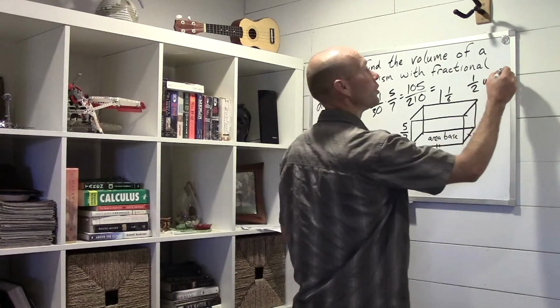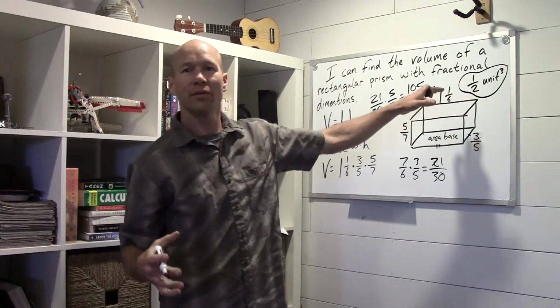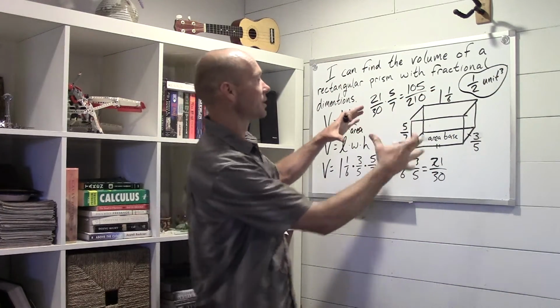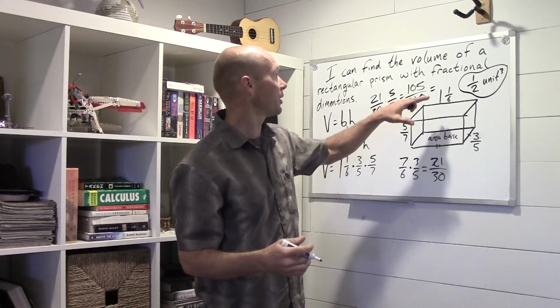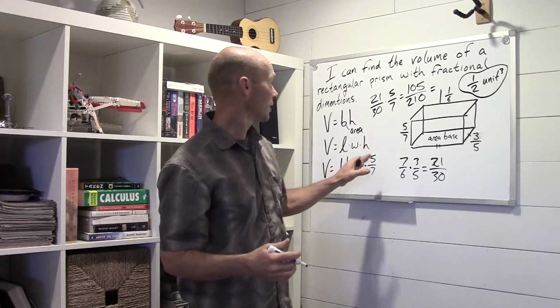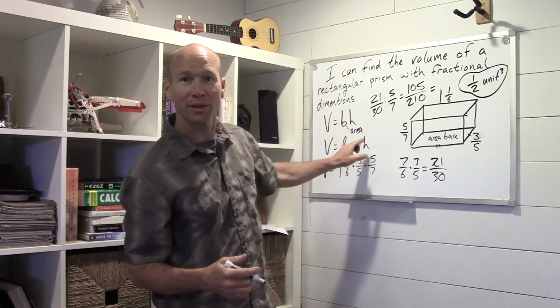So our volume is 1/2 of a unit cubed, the entire volume of this rectangular prism when we multiply the base times the height, the length times the width times the height.